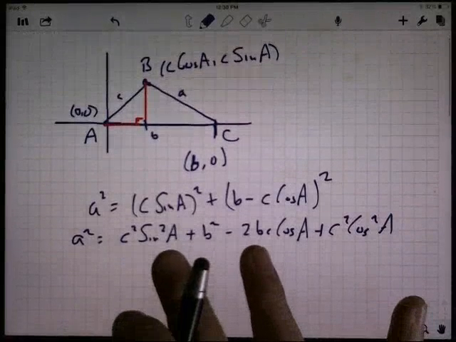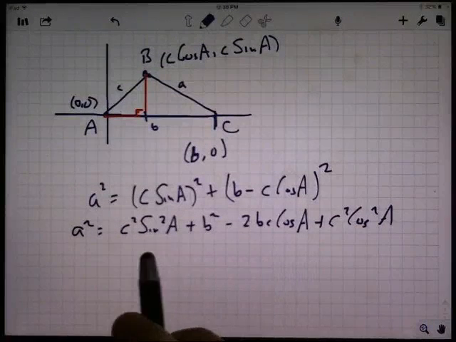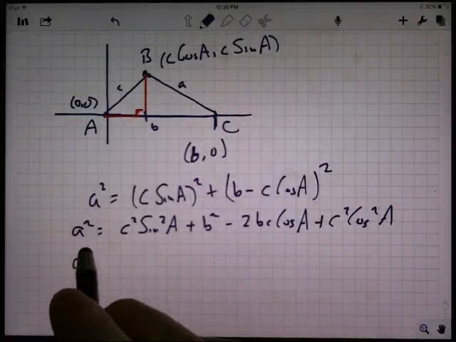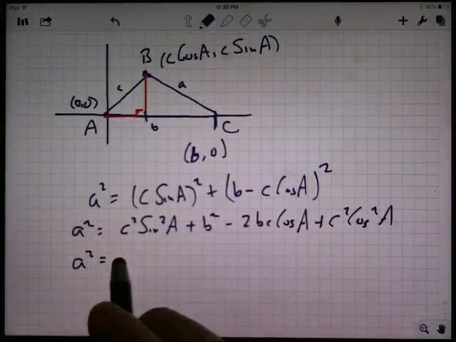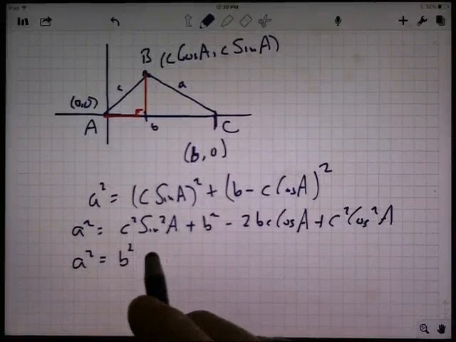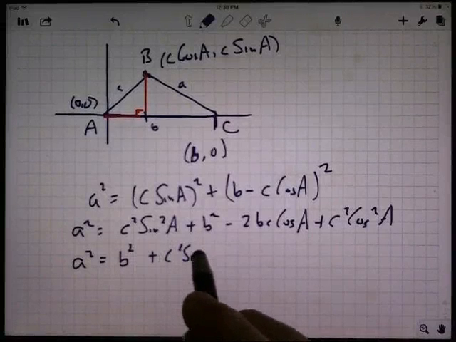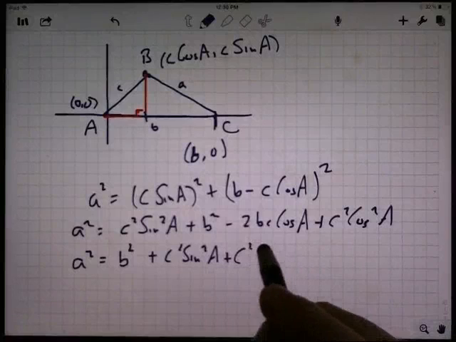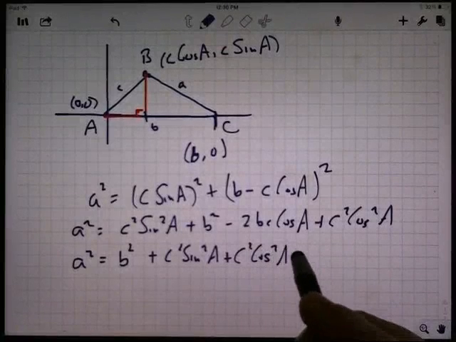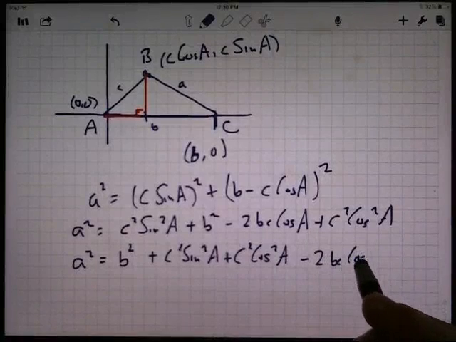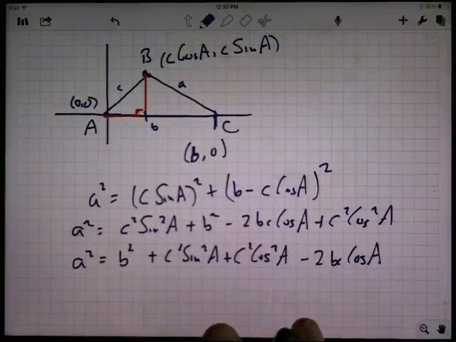So with that being done now, I'm going to gather some like terms. I've got a squared equals, and I'm going to put the b squared next, which is kind of alphabetical here. I see a c squared sine squared A. I also see a plus c squared cos squared A. And then what's left is a minus 2bc cos A. Right?